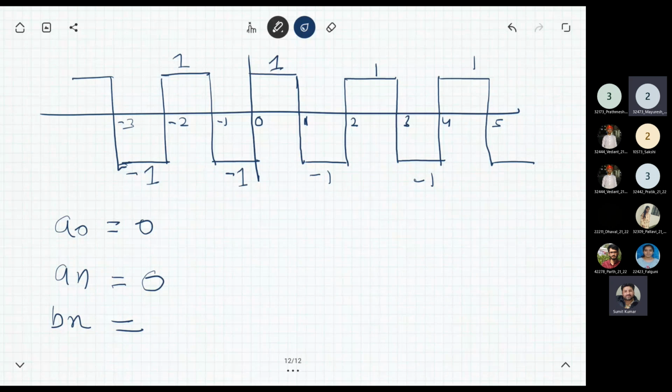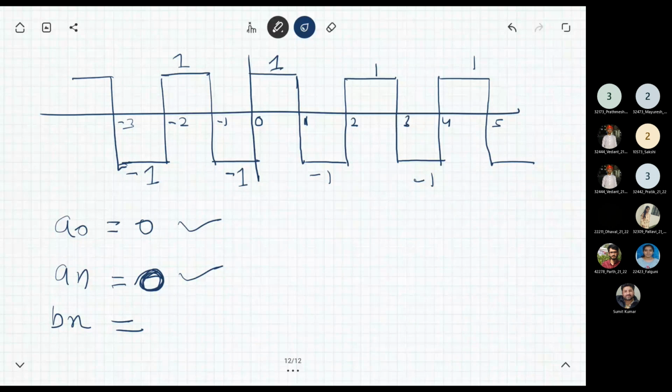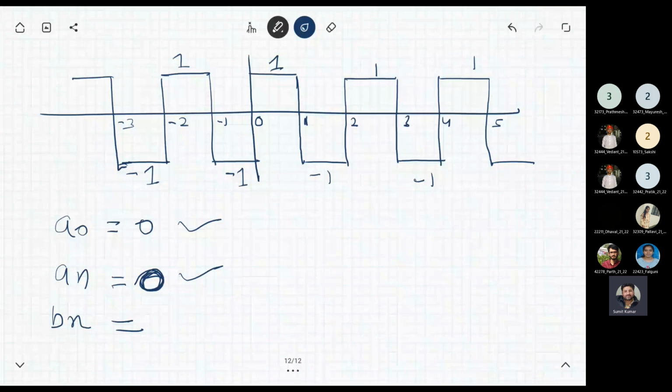Let's compute this. We all agree that a naught and an are going to be 0. Is that what everyone got? Yes, sir. So what will be bn? Bn will be 2 by T naught. What is T naught here? T naught is equal to 2.